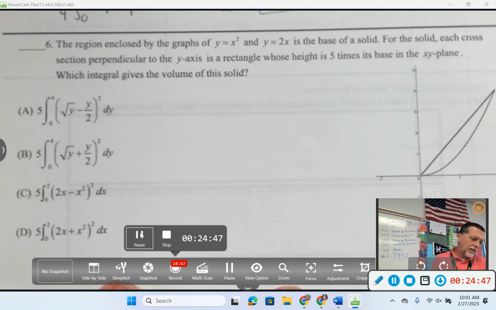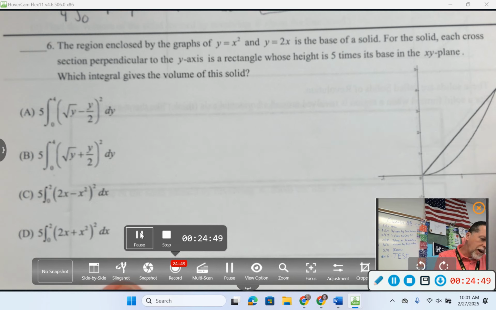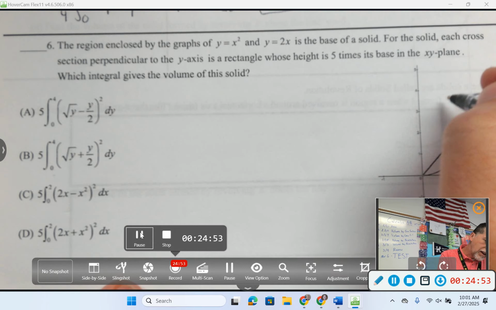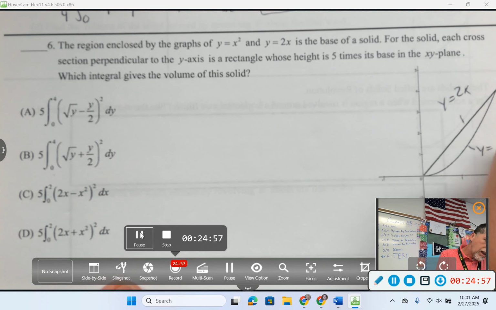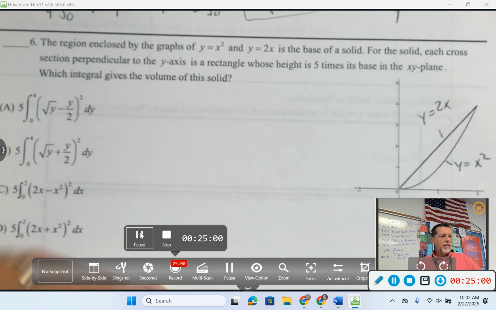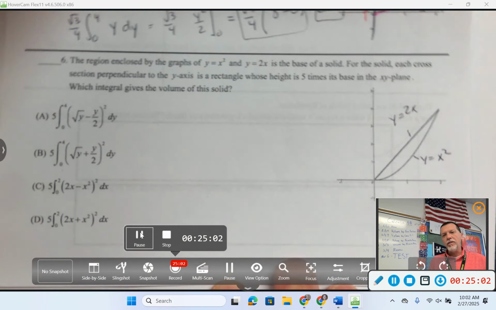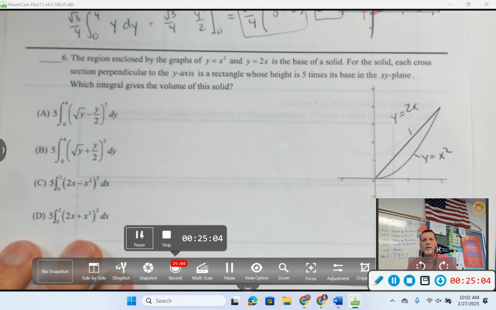Number 6. The region enclosed by the graphs of y equals x squared and y equals 2x. Again, it's nice when they give you the picture, and it's nice when it's easy to figure out which one's top and which one's bottom. It's the base of a solid.